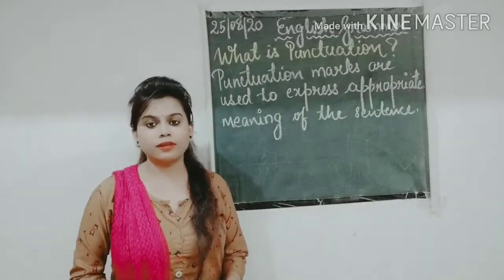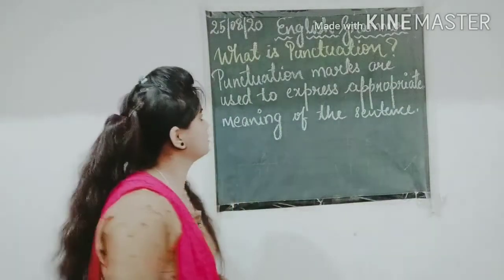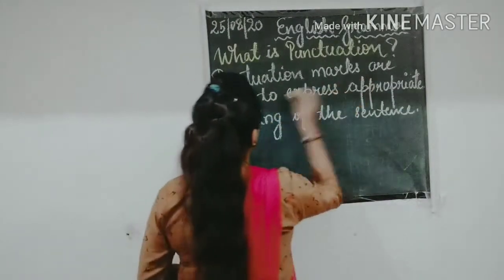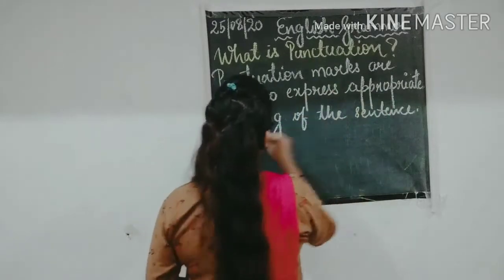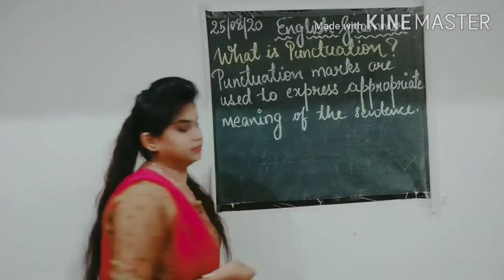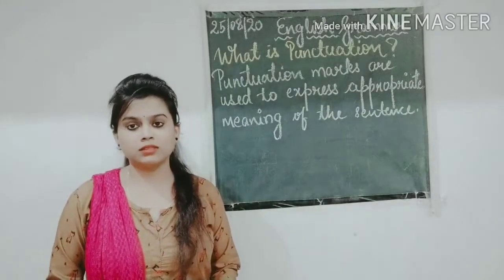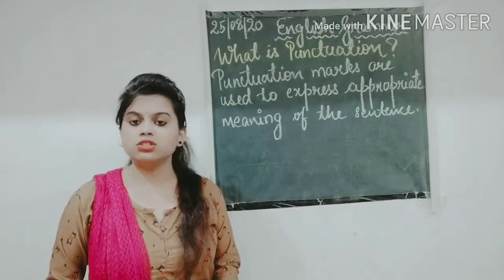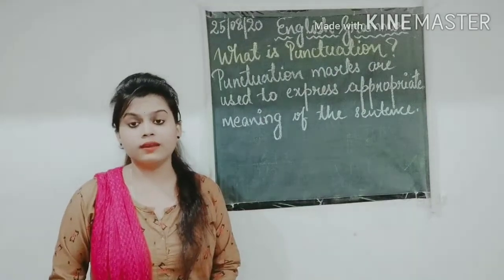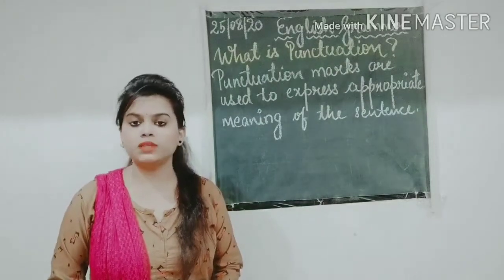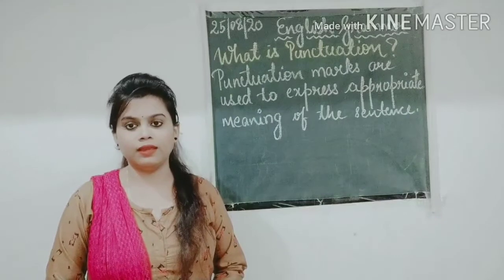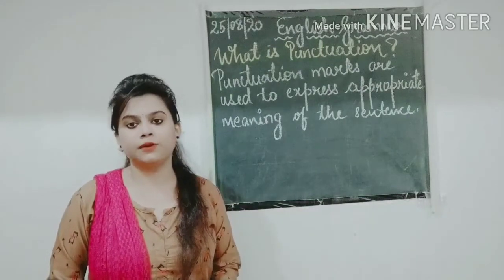Now let us see what punctuation marks are. Punctuation marks are used to express the appropriate meaning of the sentence. It is a group of signs or marks in the English language which are used to indicate pauses or stops in the sentence.